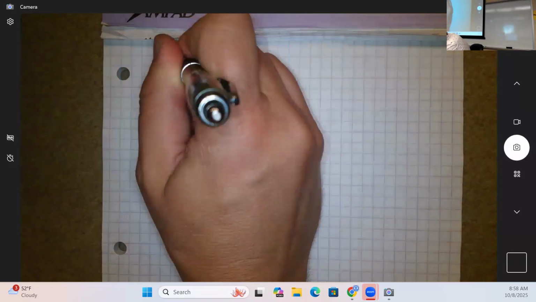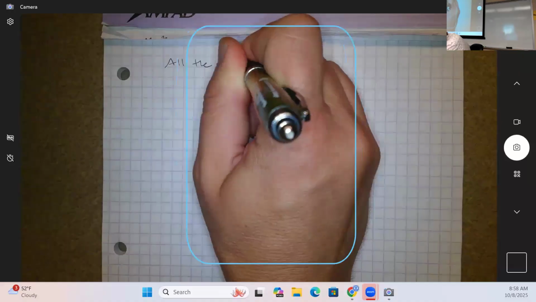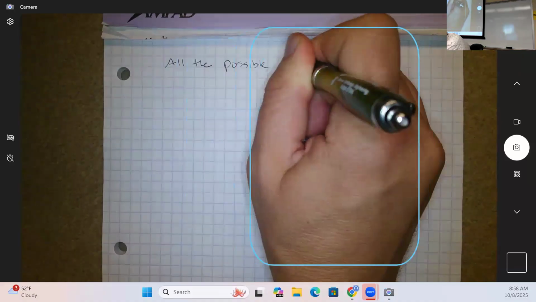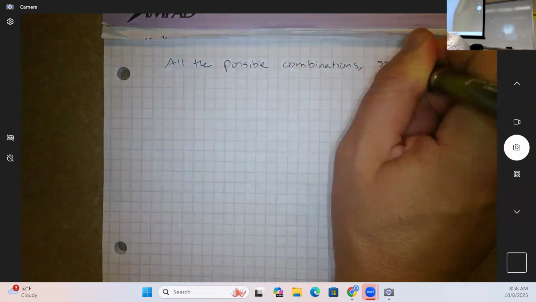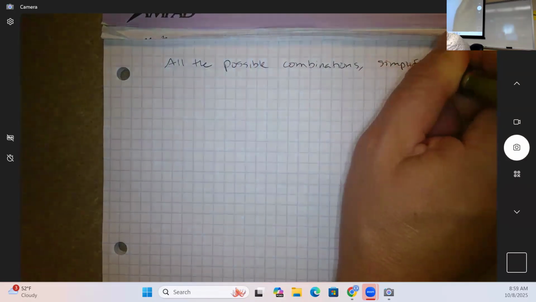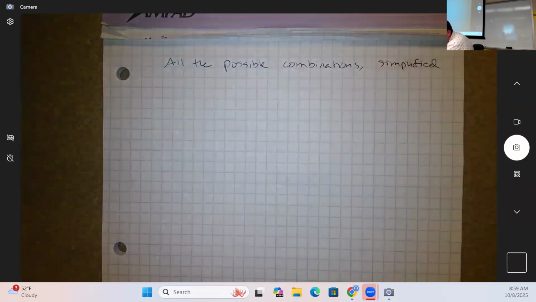Practice will help. All the possible combinations simplified. So I'm going to write the same 8 combinations, and the ones that I can simplify, I'm going to simplify.